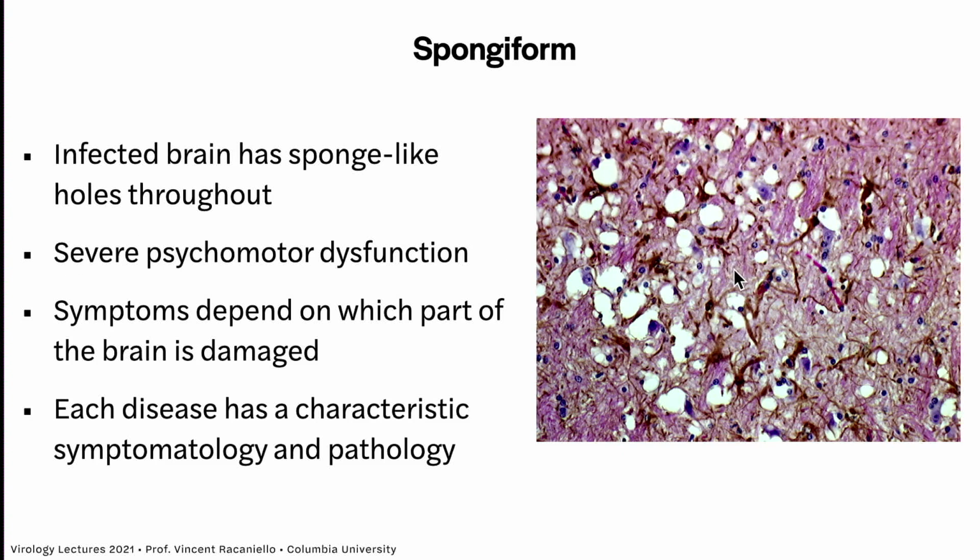And these patients can have very severe psychomotor dysfunction. They often stop talking towards the end of their disease. They don't move. Again, in those different diseases in humans, depending on which one you have, the symptoms are different, and each one depends on which part of the brain is damaged. So each of those diseases I mentioned has a characteristic symptomatology and pathology.